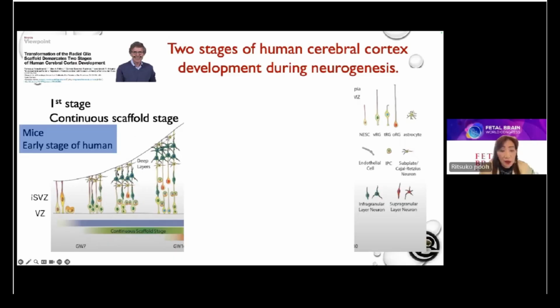The first stage is like the mouse, called the continuous scaffold stage. In this stage, it is completely the same as the mouse brain, and conventionally this was believed for a long time to be the cortical migrational phase.